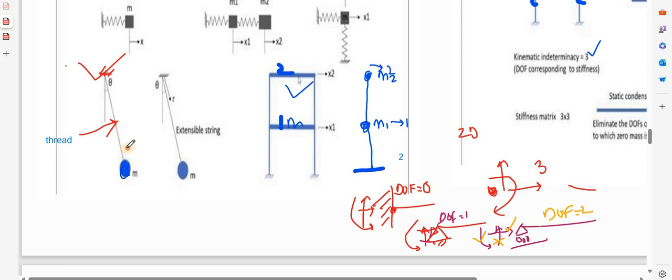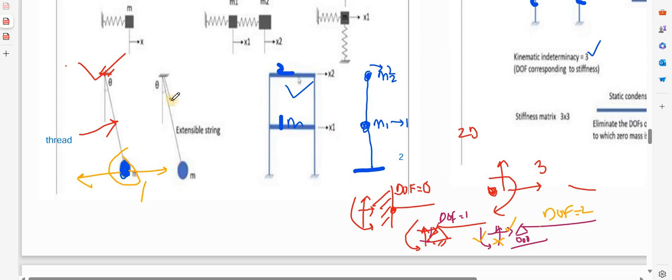Now for this mass, this is the thing which we are discussing. This mass can move only in this direction, if the string is not extensible. So the degree of freedom of this system will be only 1, because at one time it can move only in one direction.